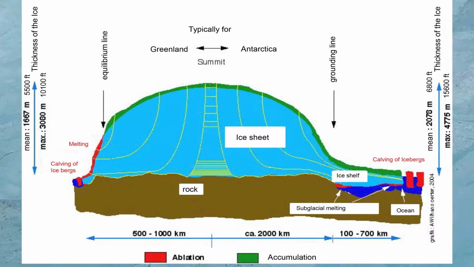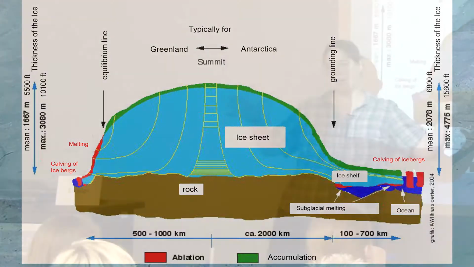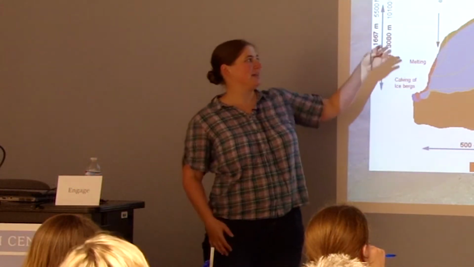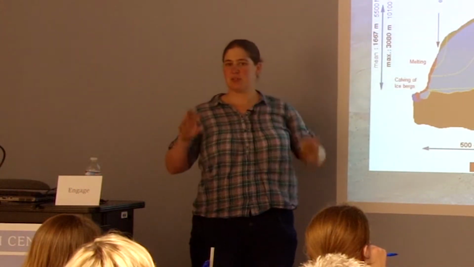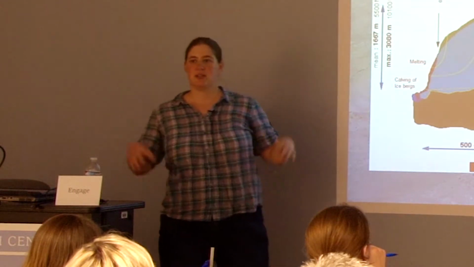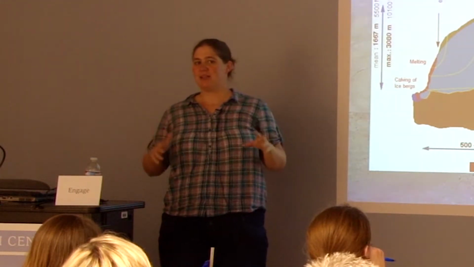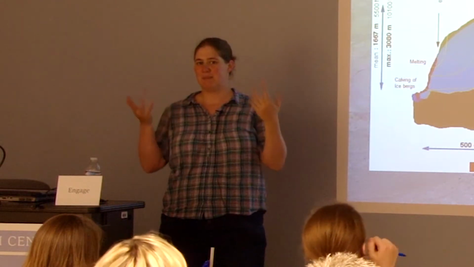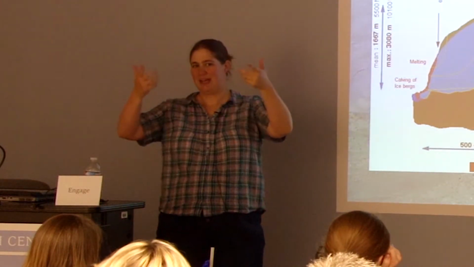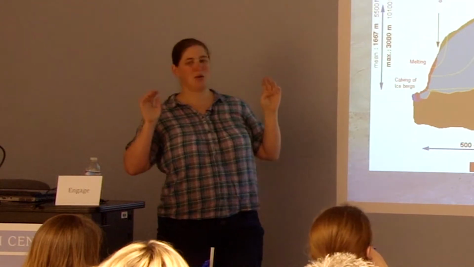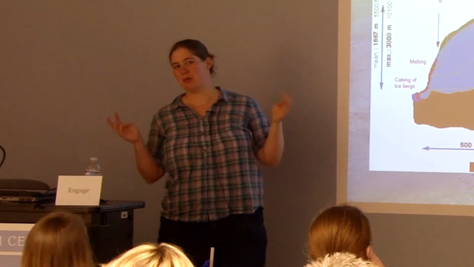So in the center, in the inland ice, as we call it, it is snowing, and because it is so cold, the snow stays there and there's no melting. There's some sublimation, so some snow goes into the air again, but no melting because it's so cold.